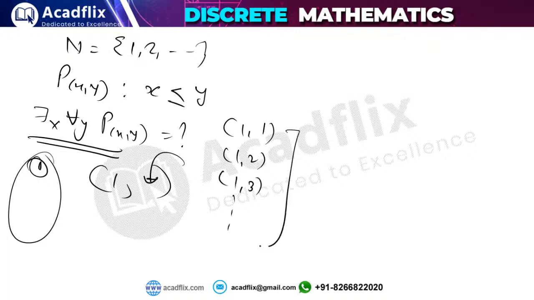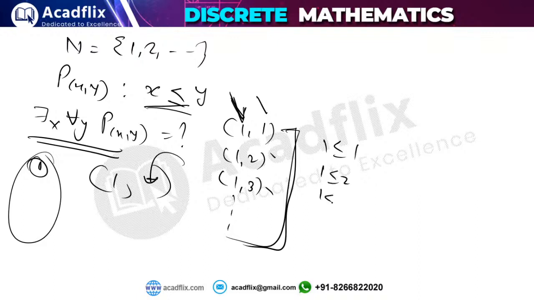I have found at least one value, and that value is 1, such that with this 1 you take all the values, for all these pairs P(x, y) must be true. You can see 1 is less than or equal to 1, 1 is less than or equal to 2, 1 is less than or equal to 3, and so on. So that's why this is true.